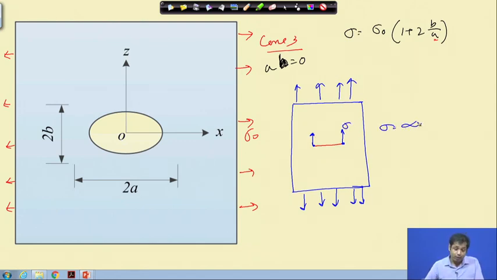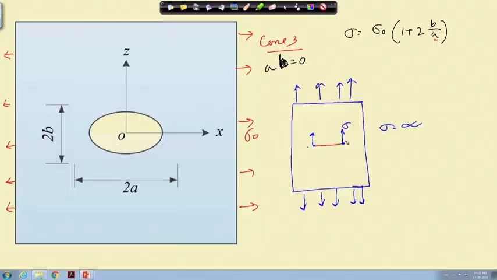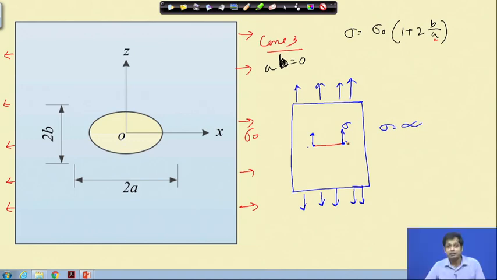It means that if we have a crack, and we apply a load which is normal to the crack line, then at the tip of the crack the stress becomes infinite. Just to make the point once again clear, let me demonstrate.